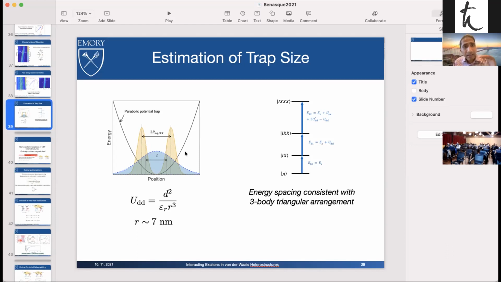And you're right, in 2D, it's going to be very hard. But in 1D, you can create some kind of a Tonks-Girardeau situation, or a dipolar crystal in 1D. There, the numbers are actually promising. In 2D, you're right, it's going to be a struggle, unless you have other tricks up your sleeve.